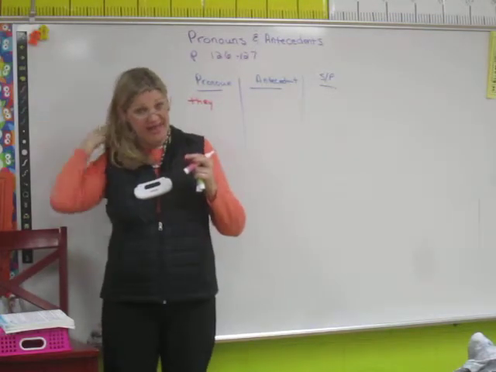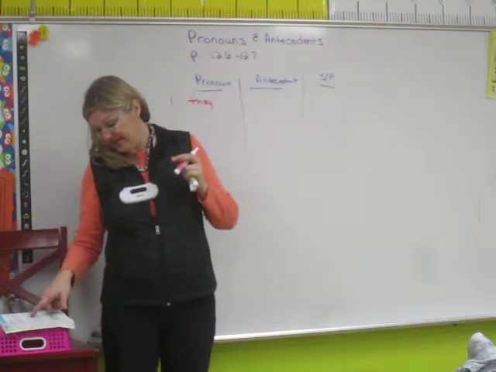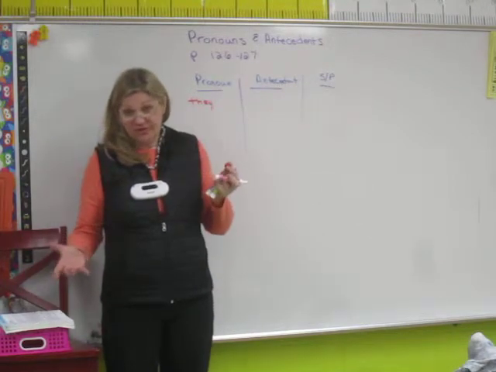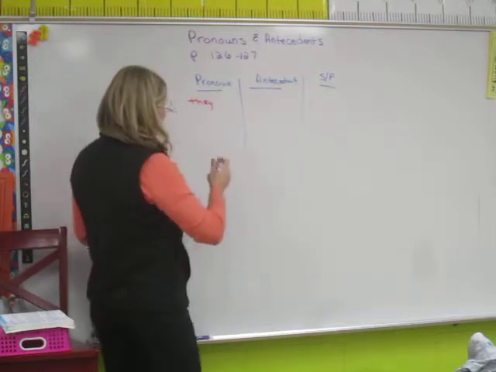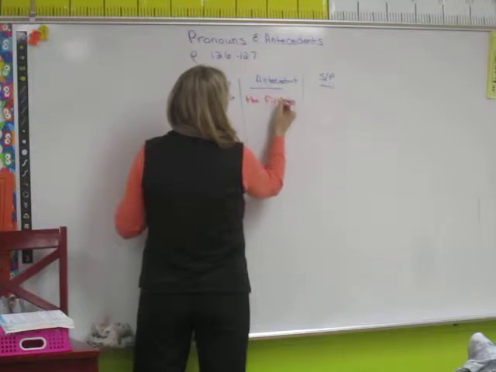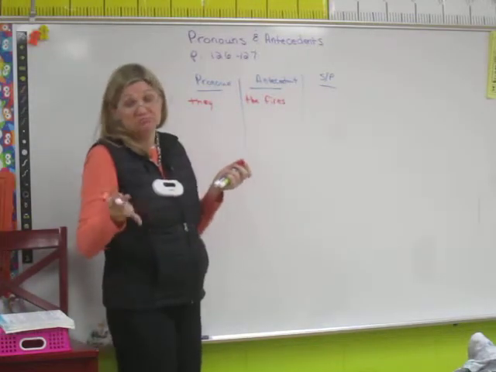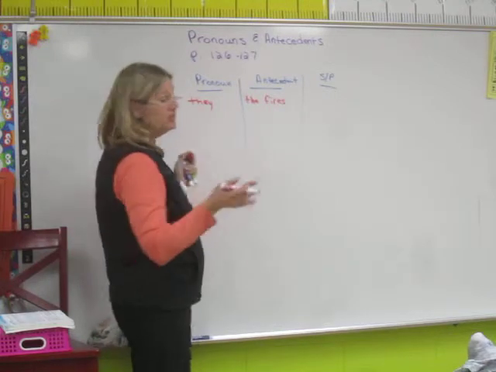So what does they mean in that sentence? It's the fires that were out of control. So when I look at the antecedent, I write the fires. And then I think to myself, is that singular or plural? There's more than one fire, so it's plural.